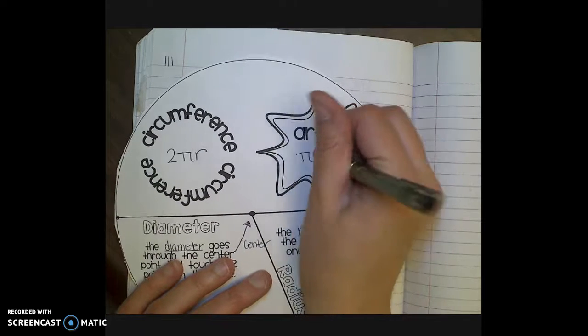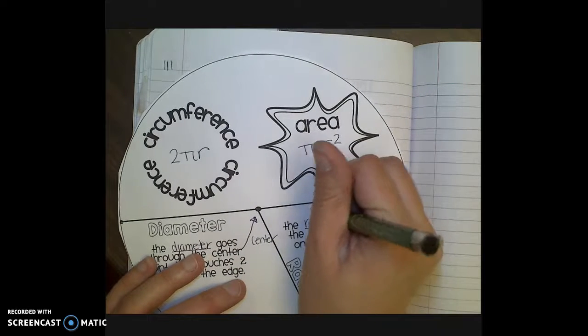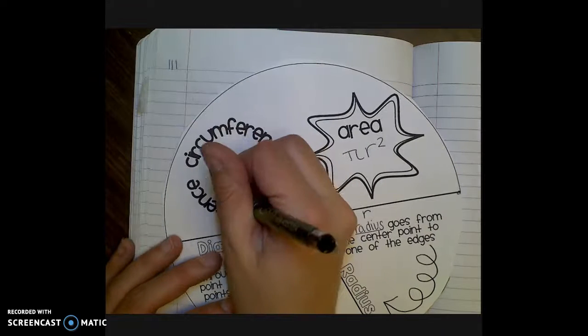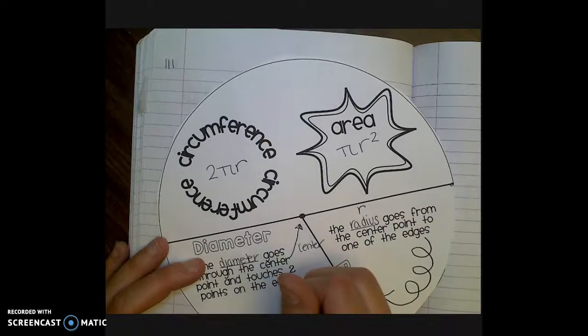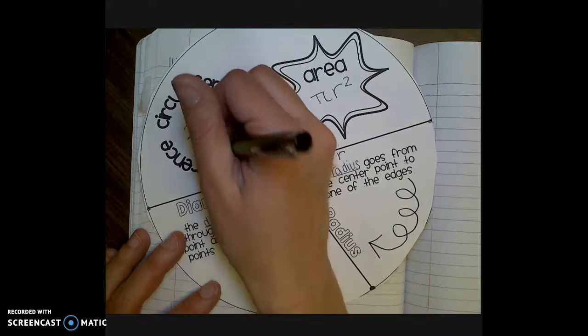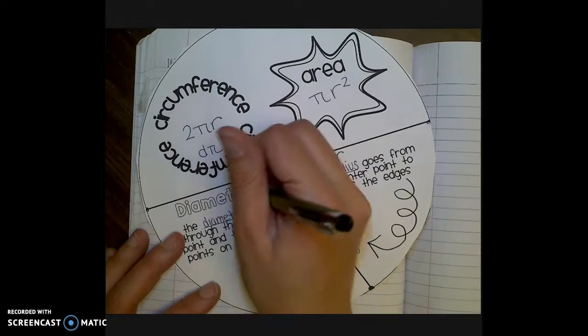Area is pi r squared, which r just stands for radius. Technically, I guess you can do circumference another way as well, because the diameter in half is just the radius. You could also say that I could find circumference by doing d pi, where d is the diameter.